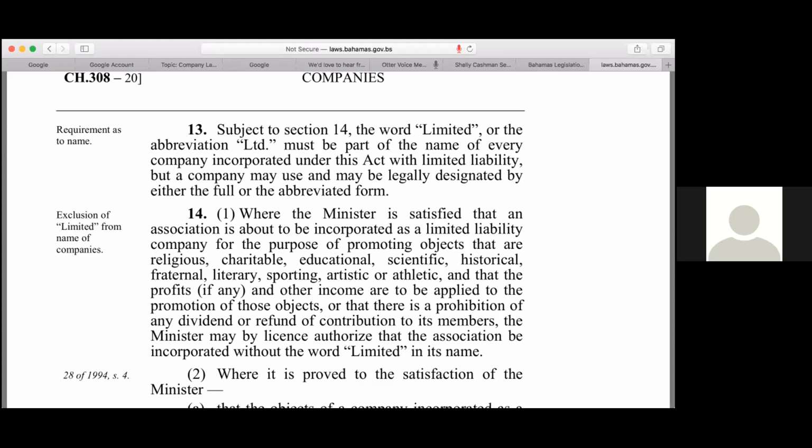Does that sound familiar to you? NPO. That sounds like nonprofit.